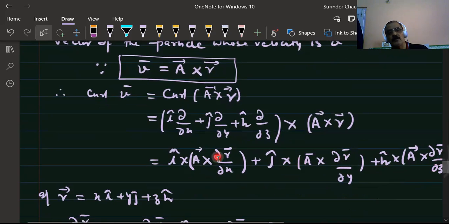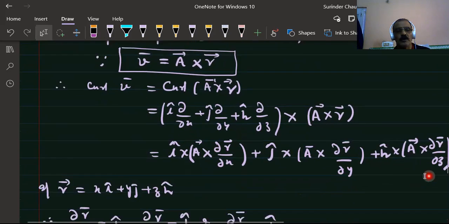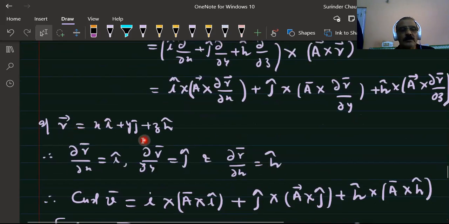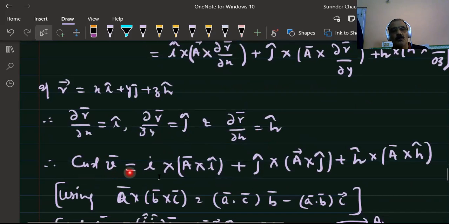Now let's find the partial derivatives of r. Since r = xi + yj + zk, the partial of r with respect to x is equal to i, with respect to y is equal to j, and with respect to z is equal to k. Substituting, curl of v is equal to i × (ω × i) plus j × (ω × j) plus k × (ω × k).